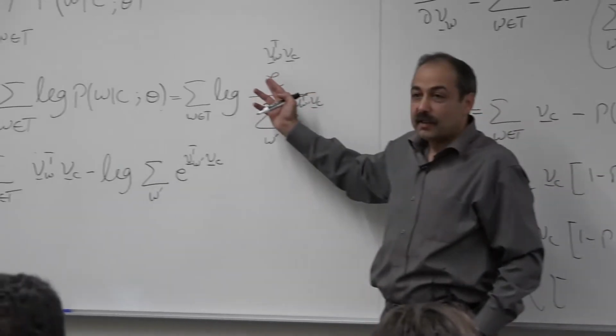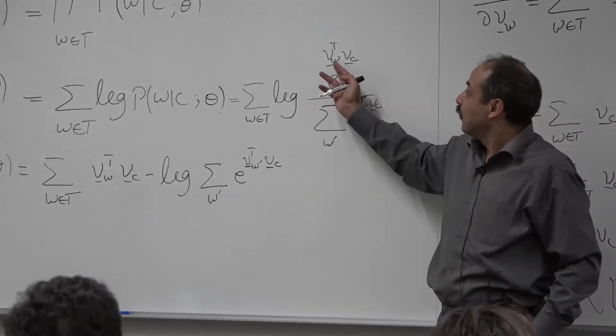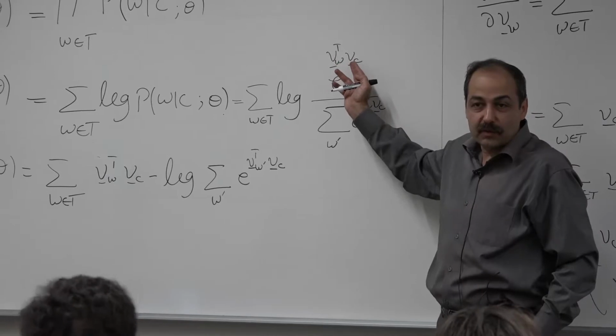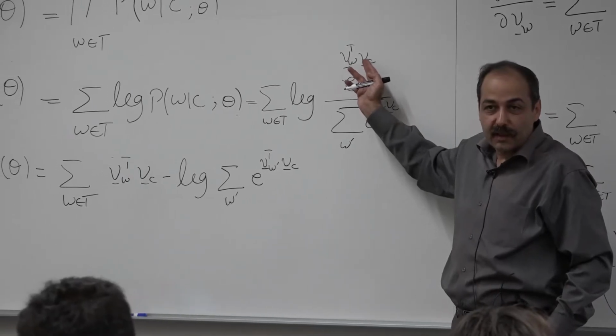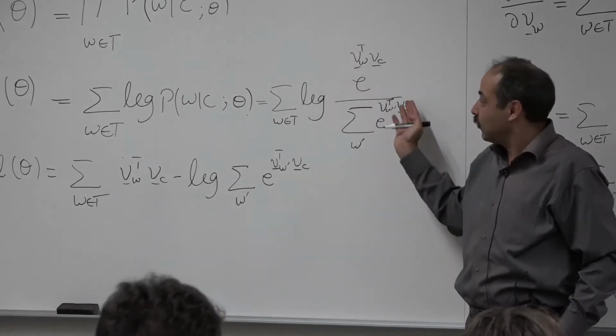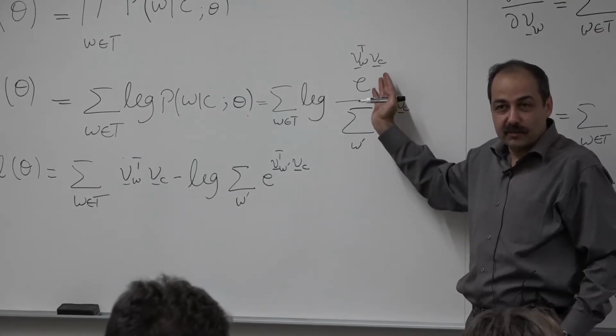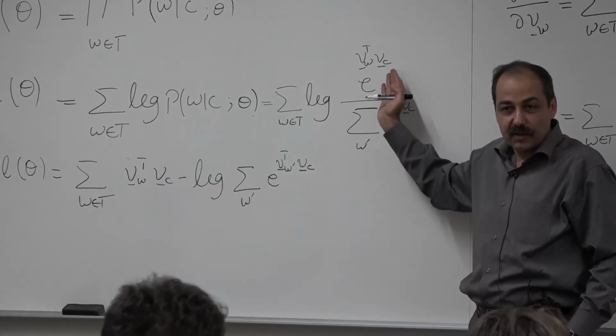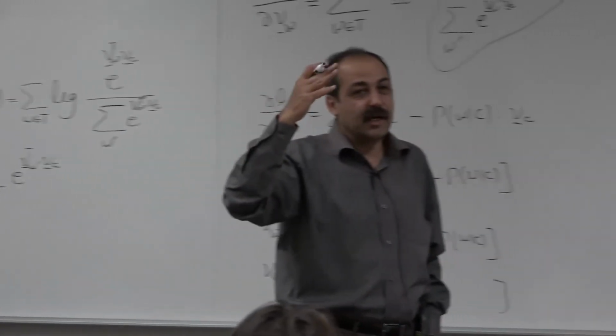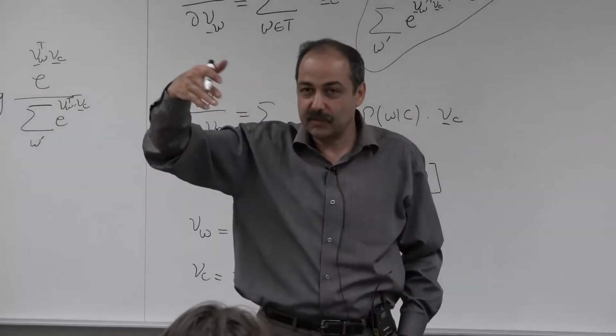But suppose that you don't have two different sets of vectors, you have one set of vectors, then this is going to be e to the power of VW transpose VW. And there's no way you can make this probability small, because that's the largest value possible for any vector. So the probability of a word appearing after itself would be large.